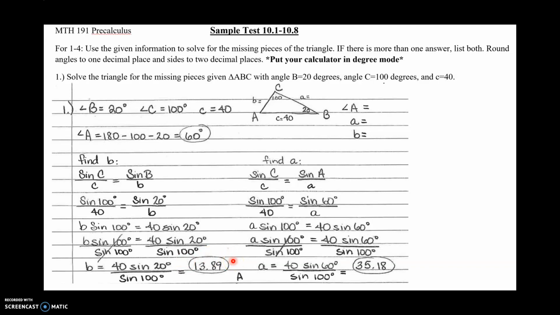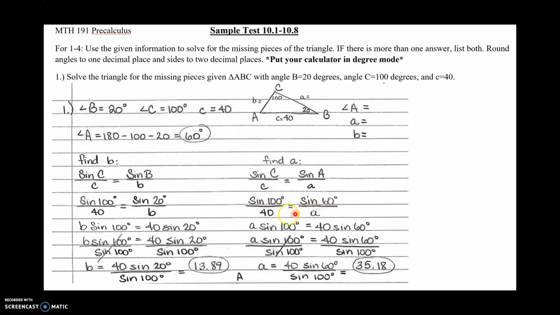Now please remember that once you know two sides of the triangle, you cannot use Pythagorean theorem because this is not a right triangle. So I'm going to go back to the law of sines again, and again I'm going to use my given pieces, my C's, and set them equal to what I'm trying to find this time, which is little a. So I'll plug in angle C, side c, and angle A. So let's cross multiply.